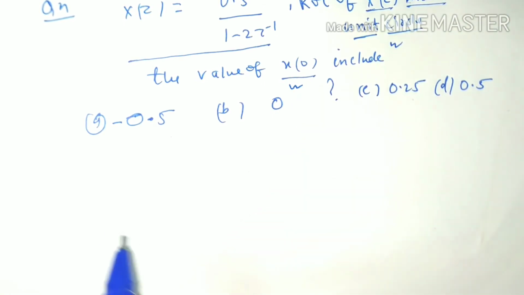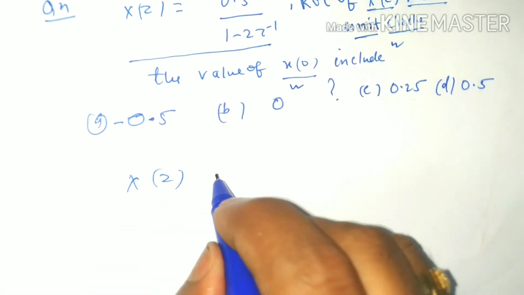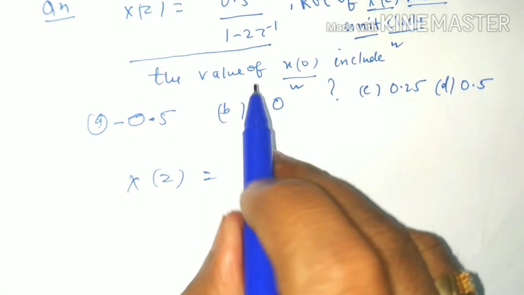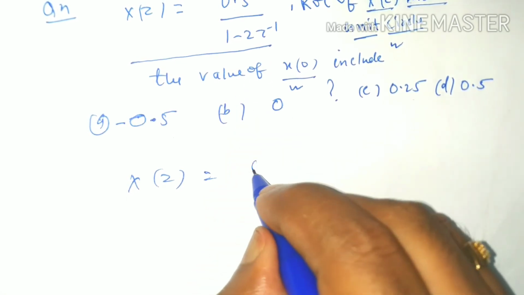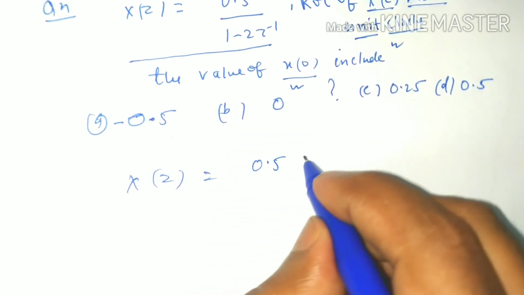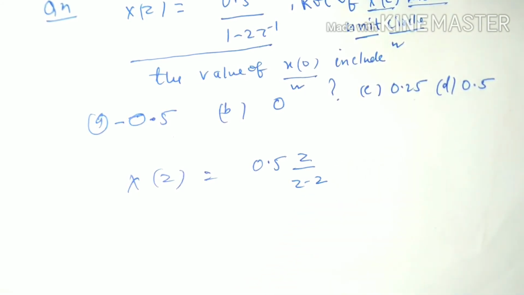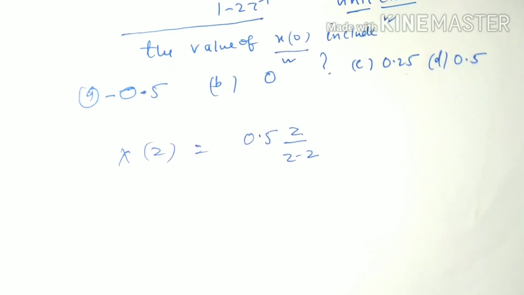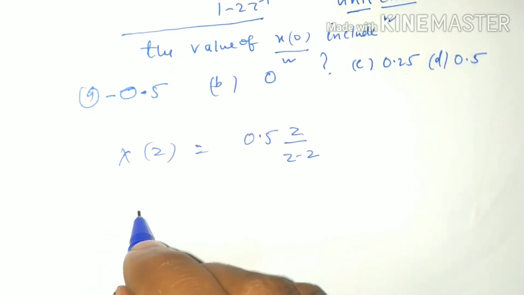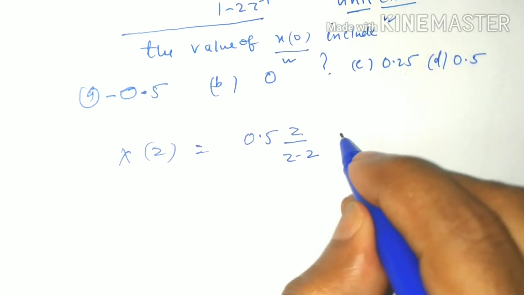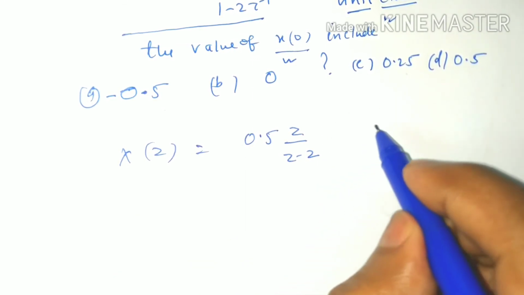So at first we have to find the inverse Z transform of this signal. We can rewrite this signal like that: 0.5 and Z by Z minus 2. So it is a constant. We have to find its inverse Z transform. We know that its inverse Z transform depends on its ROC.